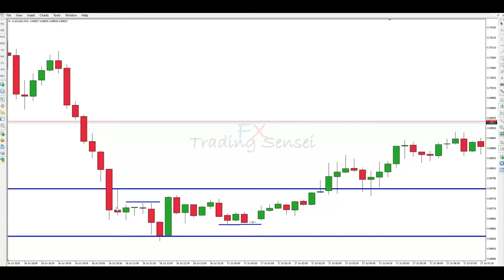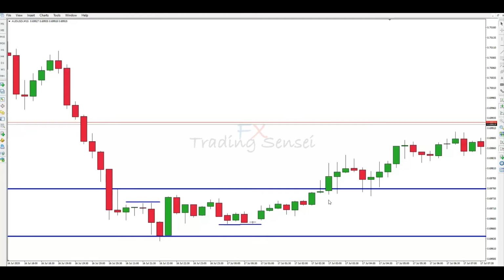We certainly want to see it clear this, because this can actually be a support zone. And we don't want to see price just flounder in this area. We want to see it break through. This actually would have been resistance in the past.